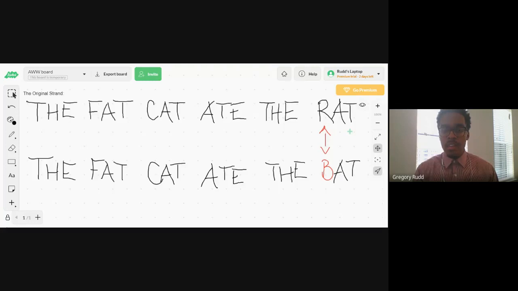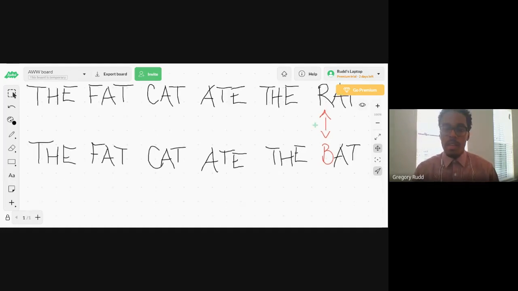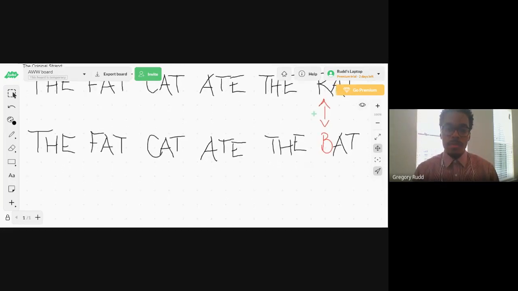Okay, the fat cat ate the rat. If I just do one, it's called a point mutation because I'm only changing one of the letters. So the sentence still makes sense, at least. The fat cat ate the rat, or the fat cat ate the bat. It changes the meaning maybe just a little bit, but the sentence still makes sense.